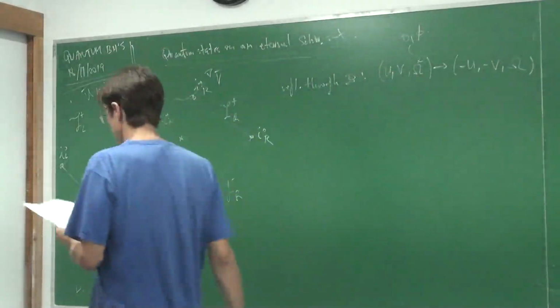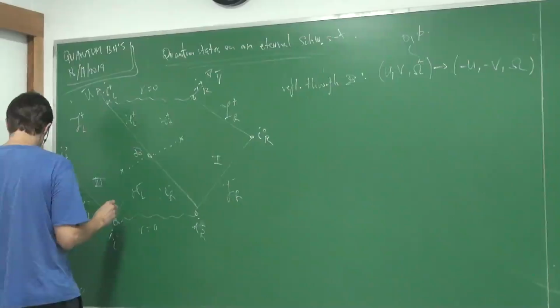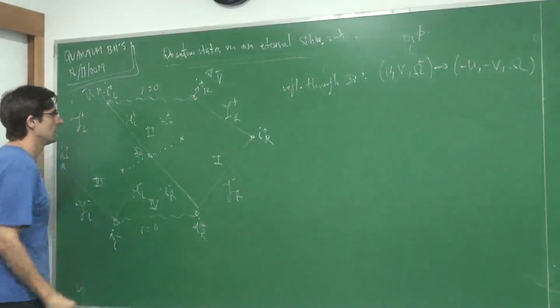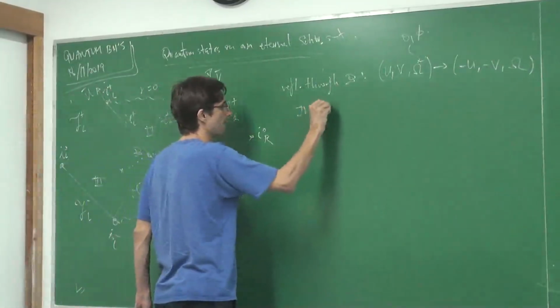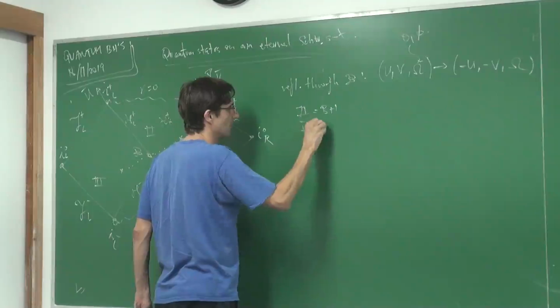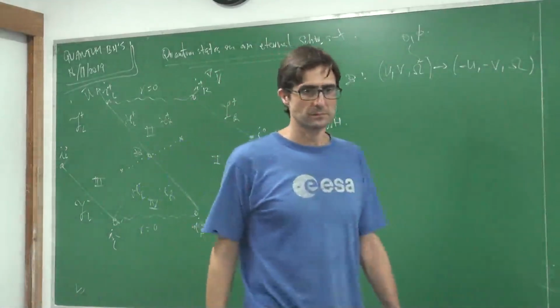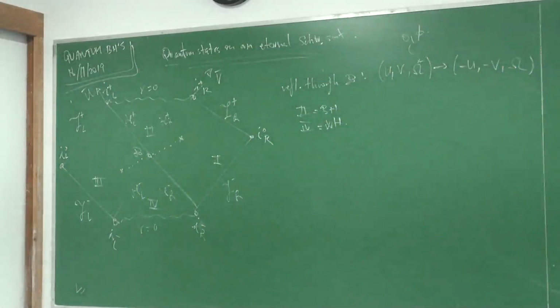We call this region 1, 3, 2, 4. 2 is the black hole, 4 is the white hole. Nothing that goes into the black hole can reach scri plus.